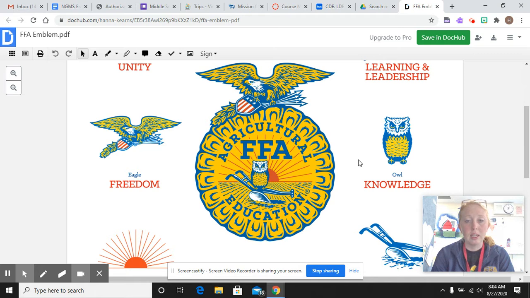My job as the advisor is I am considered our owl. I bring knowledge to the chapter, and I bring wisdom when I can or when it's needed. So that's something that we're always trying to strive for, is to increase our knowledge and, like I said before, to be educated consumers, and to be positive leaders.